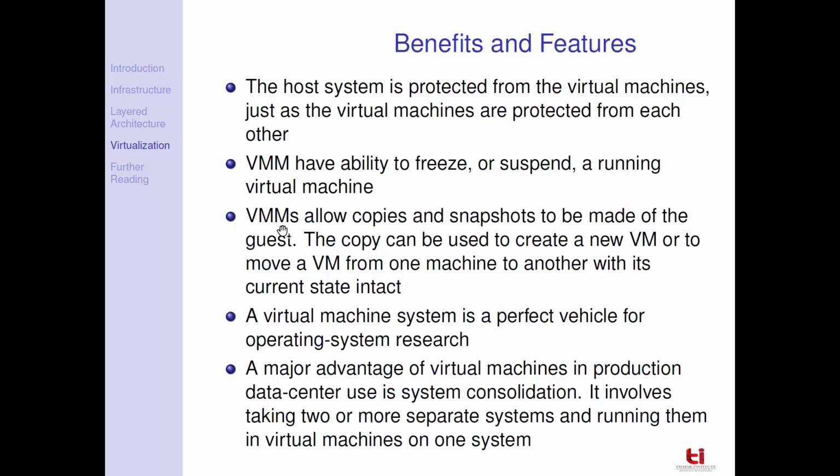Virtual machine monitors, that is the hypervisor, also allow making a copy or snapshot of a guest virtual machine. This copy can be used to create new virtual machines or to move a virtual machine from one machine to another with its current state intact.